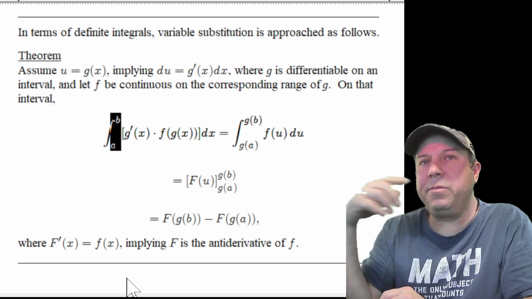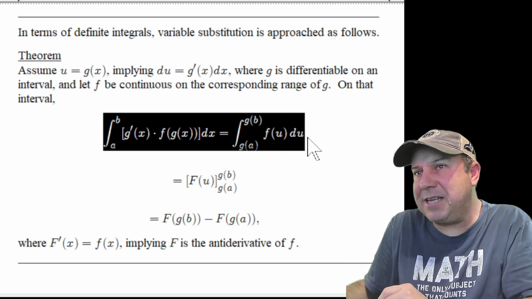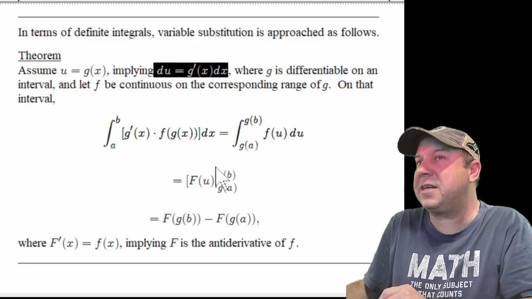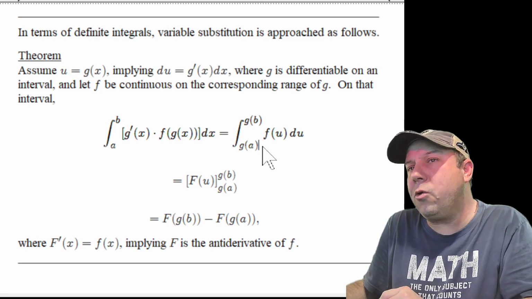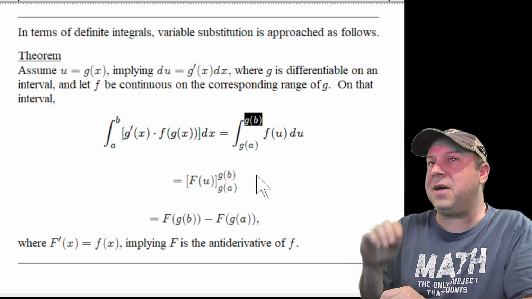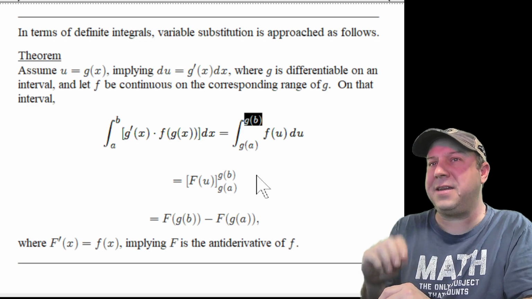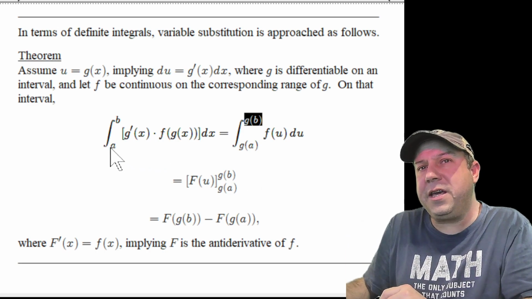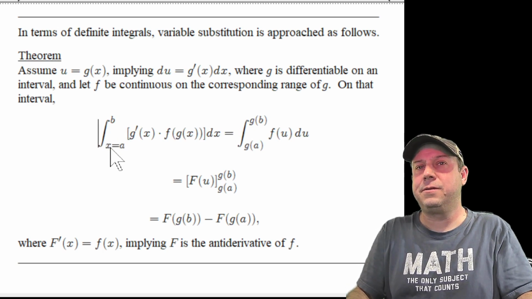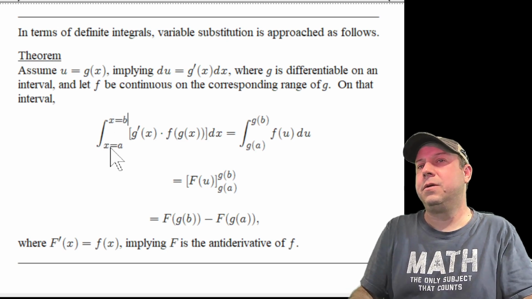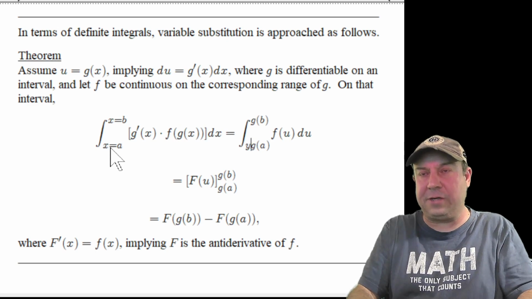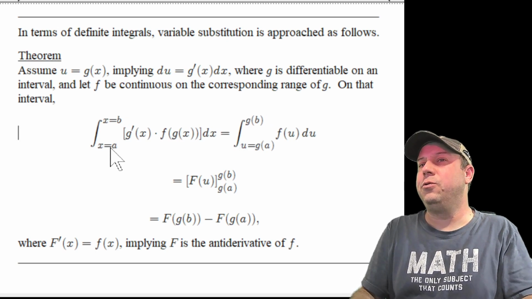When we perform the substitution in the second step, letting u be that function g of x and du replace the g prime of x dx, we are also going to substitute in place of a and b what are going to be the dependent values of function g at a and at b. What we often think of as these values of x, a and b, are values of x that we want to convert when we perform the substitution into values of u.